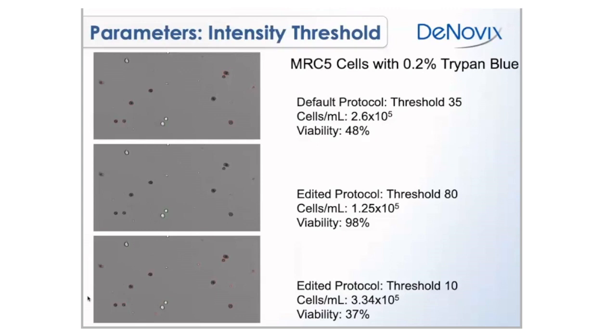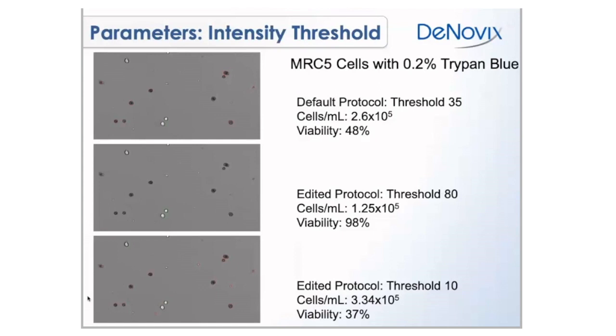And here in this first image, the default protocol found about half the cells were dead. And then you had about 250,000 cells per mil. Changing that protocol, so bringing the threshold way up to 80, something has to be quite dark on the grayscale to get counted as a dead cell.